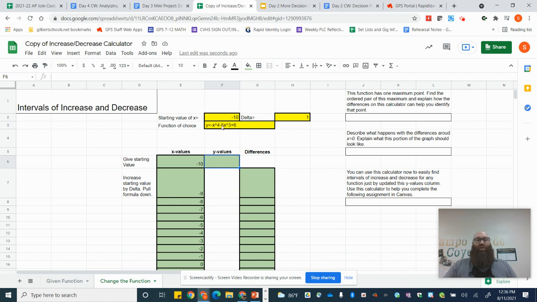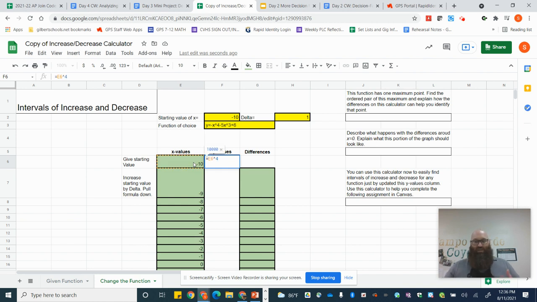If we want to find the y values of this function at this value of x, all that we're going to do, again, we'll press equals so the spreadsheet knows we want it to calculate something. Everywhere you see an x, we'll choose the box that's off to the left. So I would need x to the fourth, so my x value raised to the fourth.